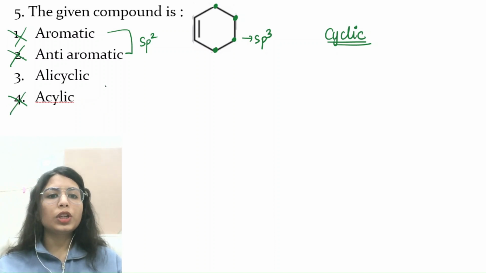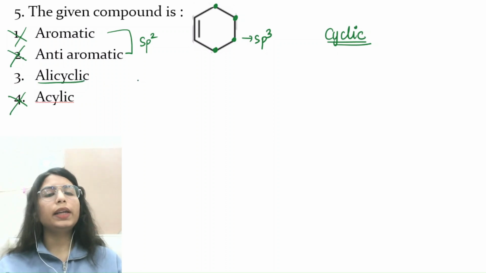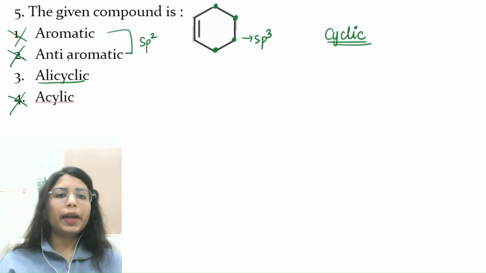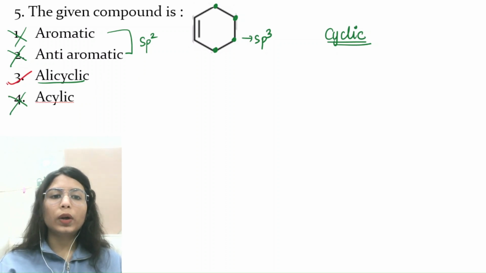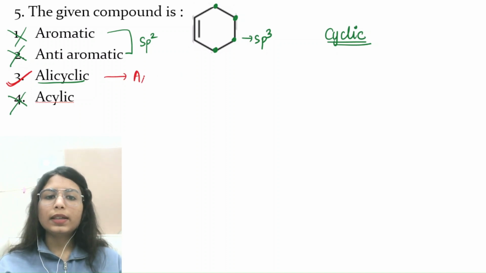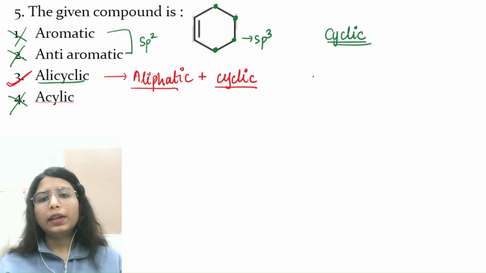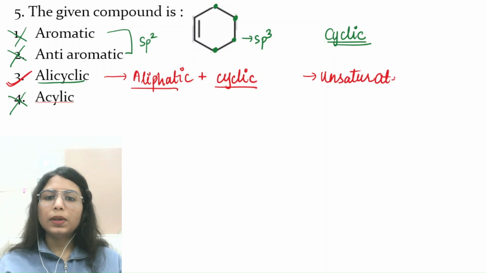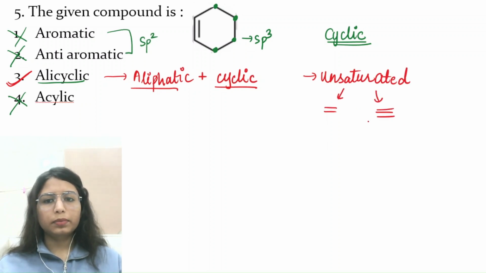Even if you don't know what an alicyclic compound is, you can eliminate the options and tick mark the correct one. Alicyclic is made up of two words, aliphatic and cyclic. So the compounds which are cyclic in nature and which are aliphatic. Aliphatic means unsaturated compounds. Unsaturation means the presence of double or triple bonds, right?